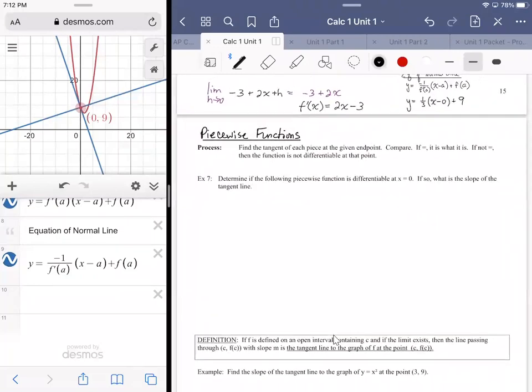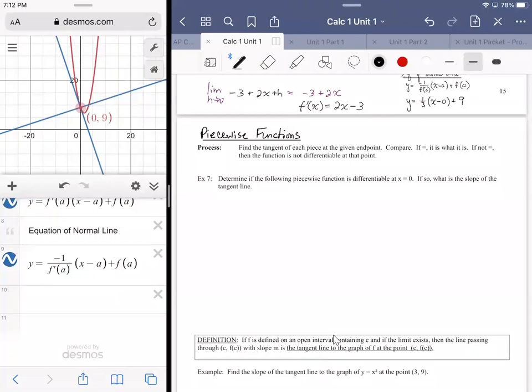All right, so whenever you're dealing with piecewise functions, we're going to find the tangent of each piece at the given endpoint. And if those tangents are the same, then the function is what we call differentiable at that point. The issue we're dealing with is that piecewise functions can sometimes have discontinuities, can sometimes come to a point, like an absolute value function.